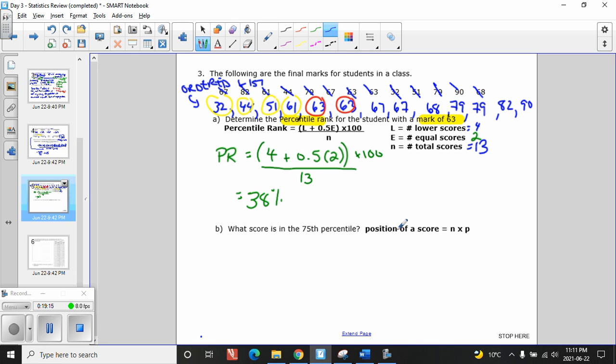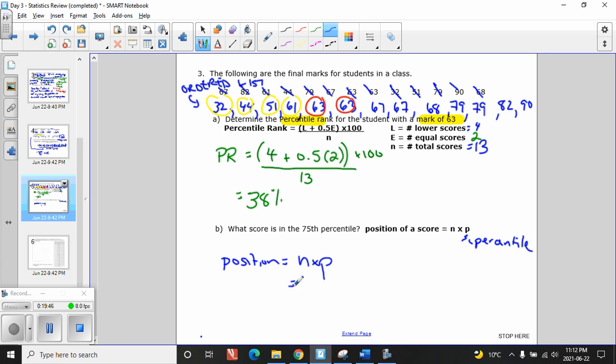There is a formula for finding the position. What score is in the 75th percentile? P is percentile, and the position of the score is on the other side. So the position is equal to n times p.